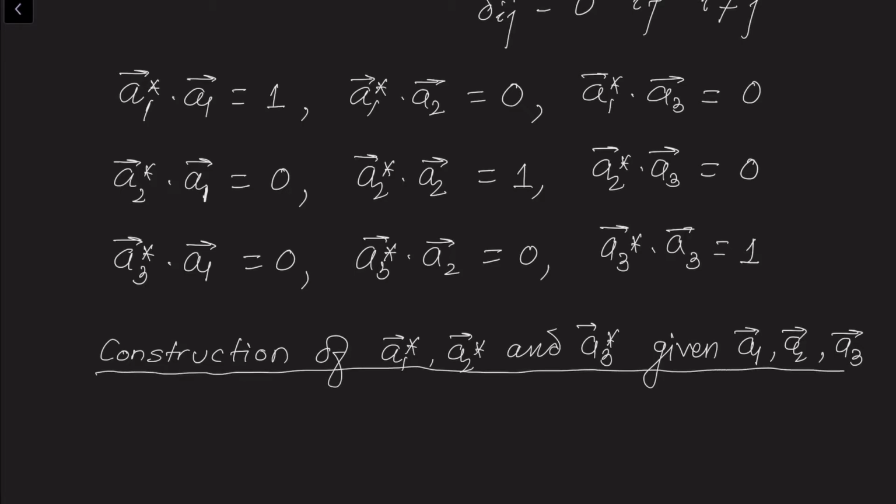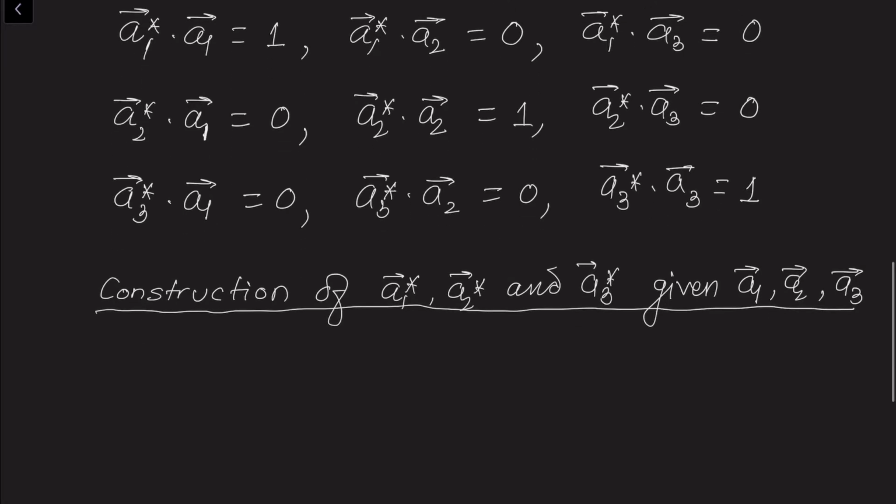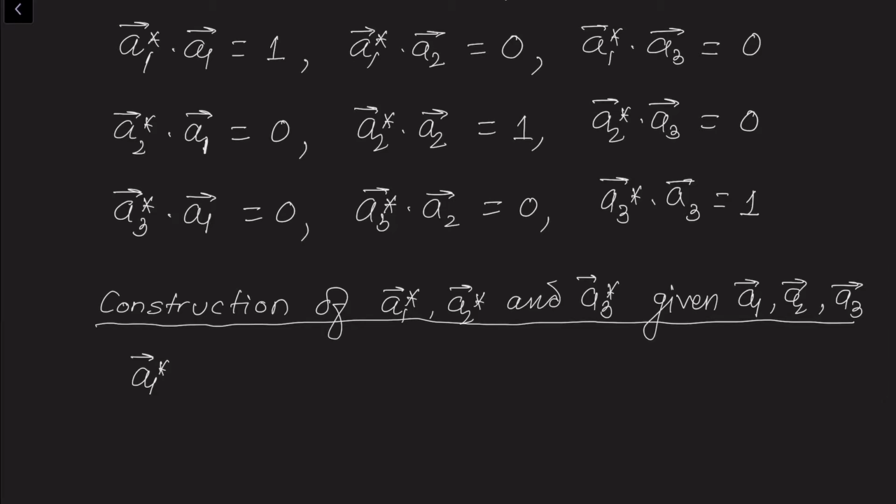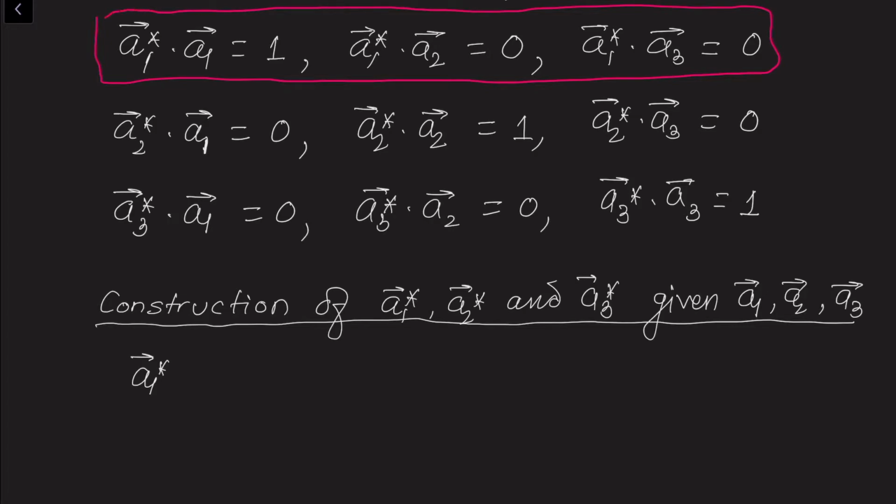So let us do this. Now let us first construct A1 star. We see that in these 9 relations, A1 star is involved in the first row in these 3 relations. So obviously A1 star will be defined by these 3 relations. So we use these 3 relations to define A1 star.